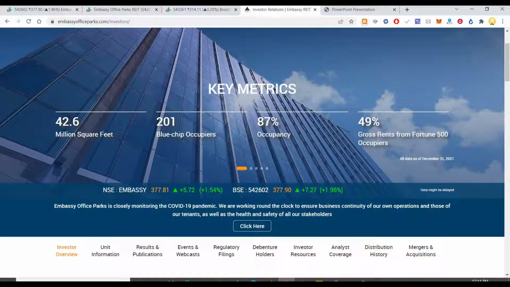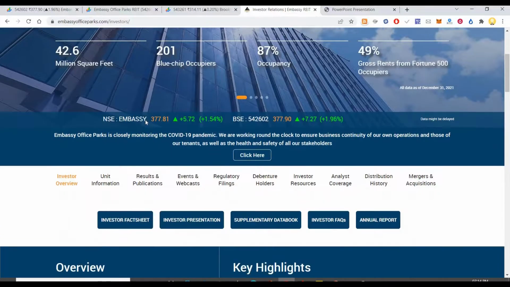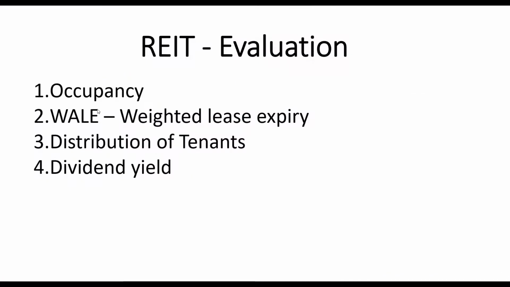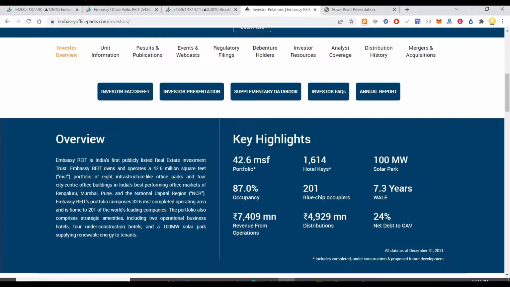They have 201 blue chip occupiers, with 49% of gross rents from Fortune 500 companies. If you go down further, you see the WALE, that is 7.3. 7.3 is a good number. Anything above 5 should be a good value.